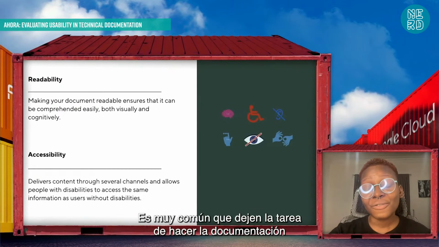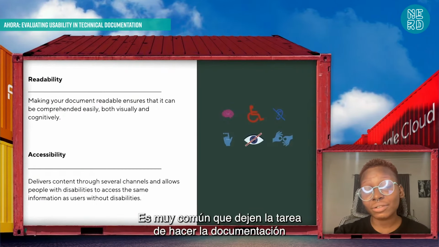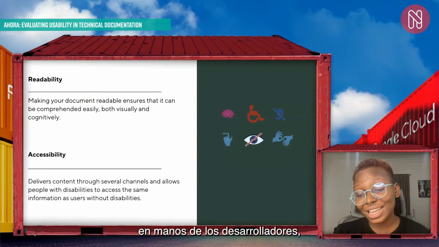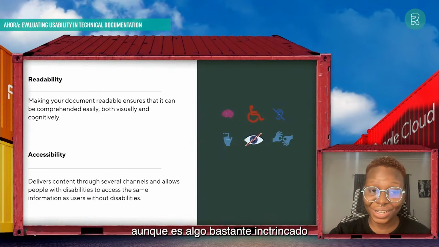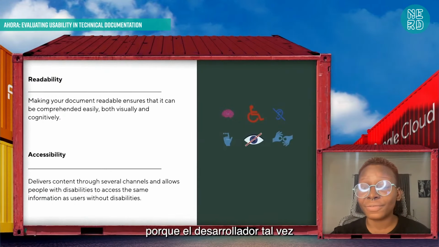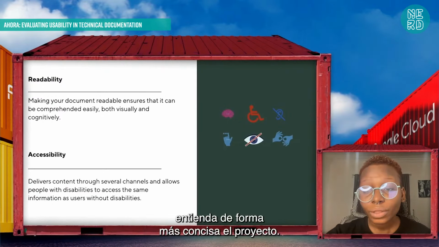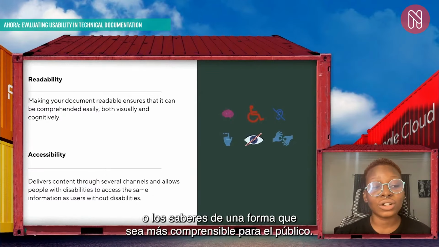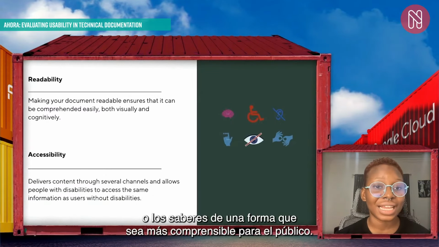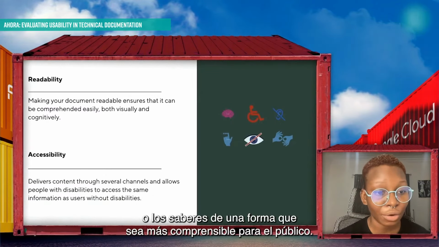And oftentimes people leave the role of documentation in the hands of developers, whereas this is a really tricky thing, because the developer might have a more concise understanding of the project. However, the developer might not be able to convey the knowledge or the content into a more understandable form for the audience.